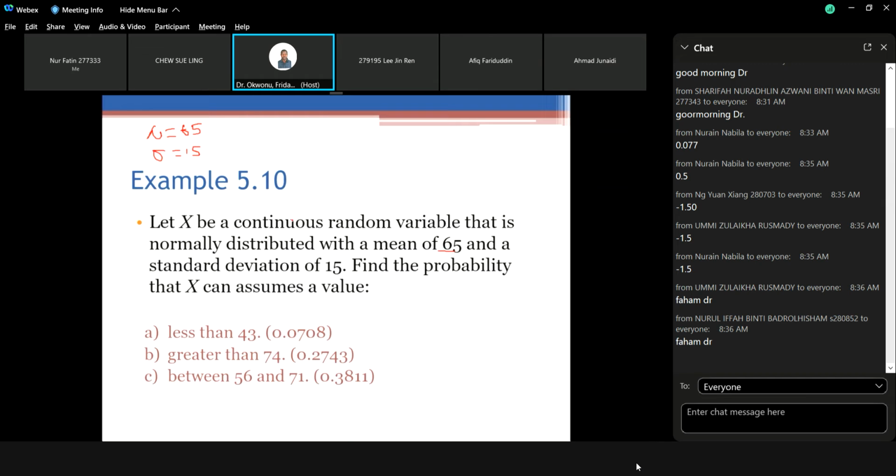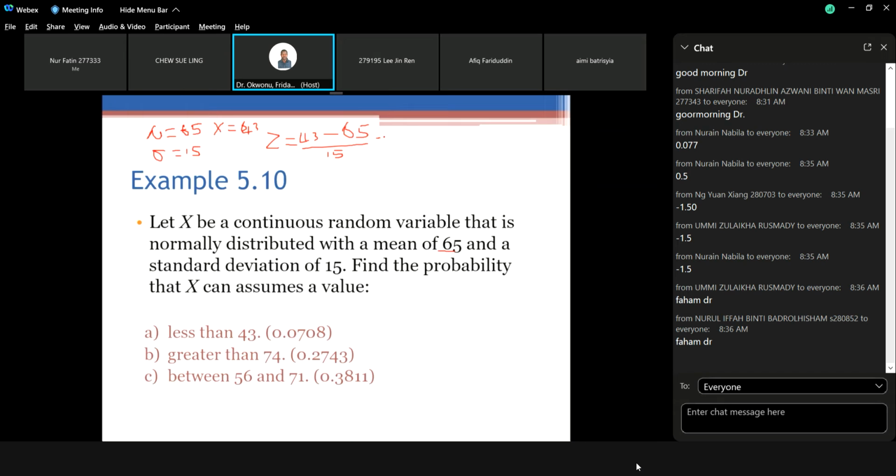So the first thing you have to do here, your X is given to be 43. So you have to look for your Z value. So your Z value will be 43, that is 43 minus 65 all over 15.